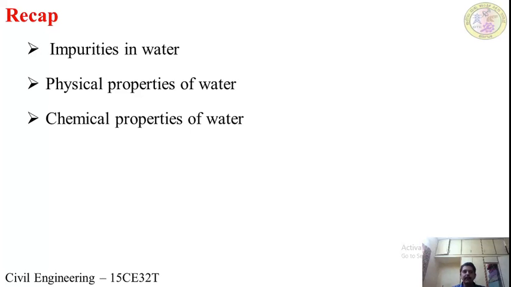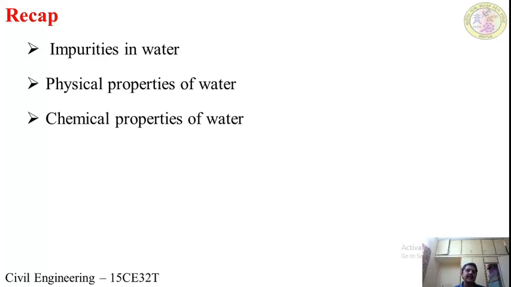In the earlier sessions, we discussed the impurities in the water: suspended impurities, colloidal impurities, and dissolved impurities, and what the sources of impurities are. And then we discussed the examination of water, that is, the analysis of the water.